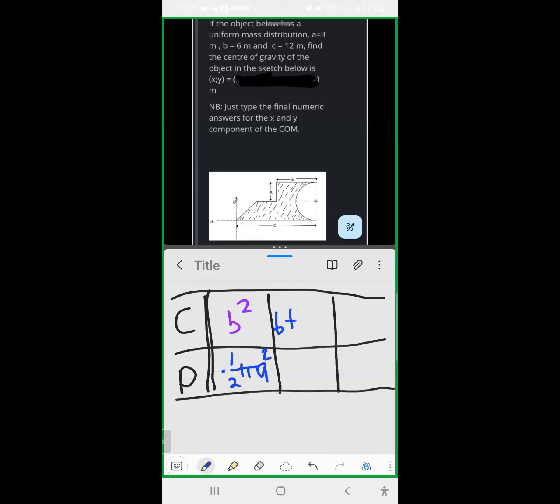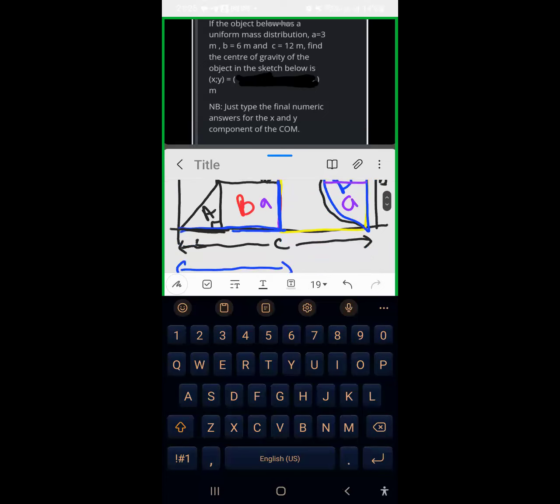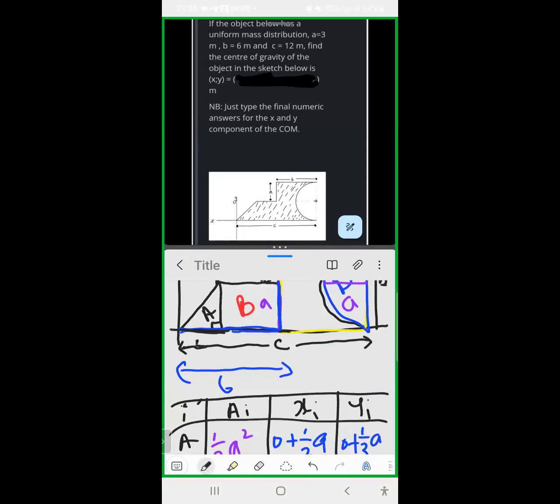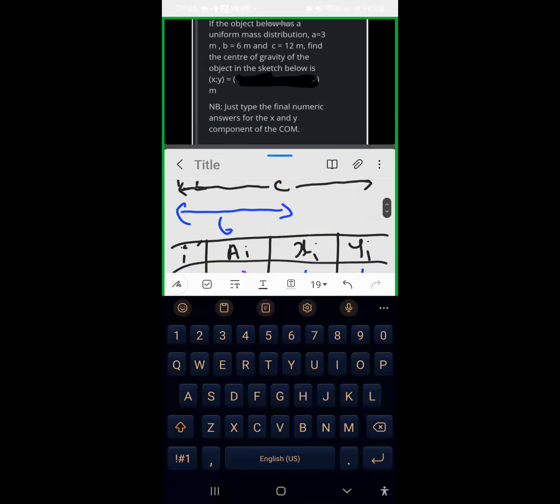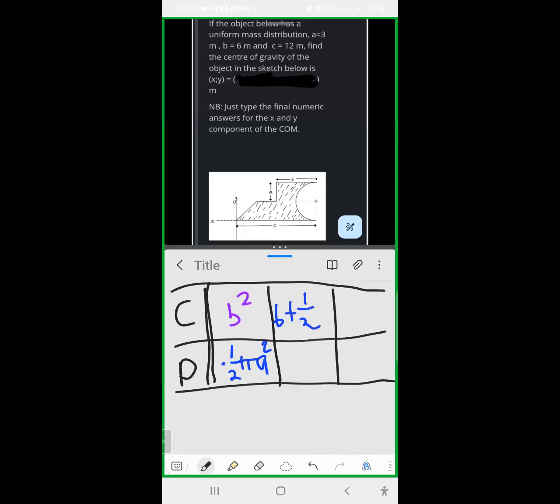And how do we find the x center of mass for a square? It's half of the base. When we look at the diagram, we can see that the base is only b units, which is 6. Therefore, this will be 6 plus half of b.